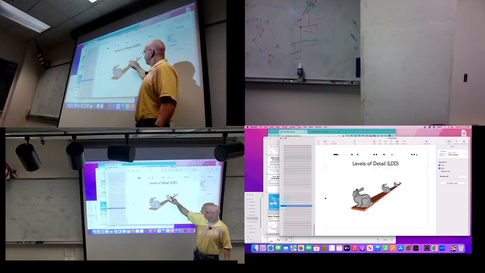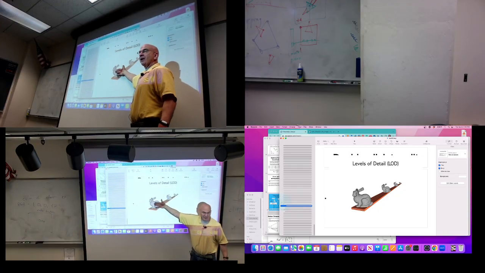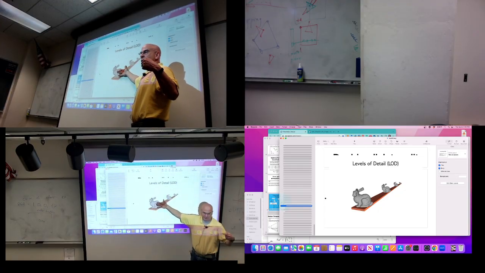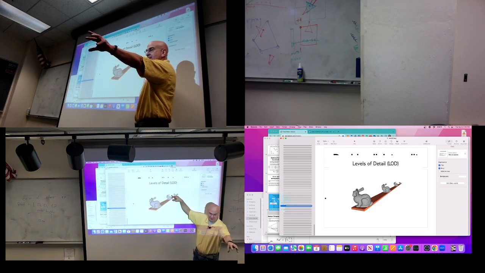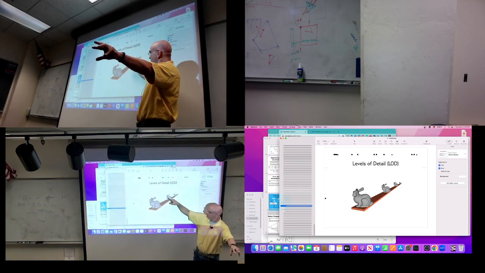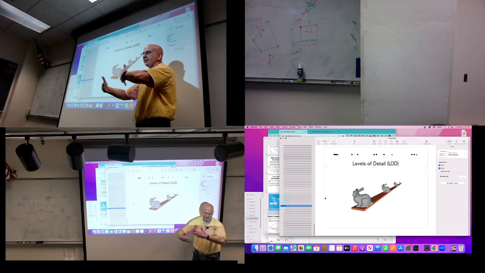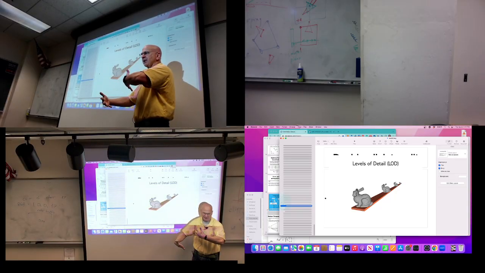Answer: keep both or keep a few levels, and based on how far away the Stanford bunny is from the viewer right now, and at which resolution you are presenting it, pick the object that you put right there from this few levels of hierarchy of details of the same Stanford bunny.